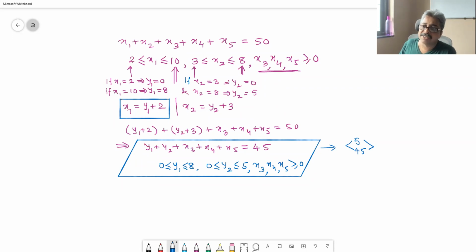But now, because there is an upper bound of 8 and 5 here, we will not be able to get this number, because after some time 9 is not available for y1. For y2, 6 is not available, 7 is not available, and therefore now we will have to count the not acceptable cases.